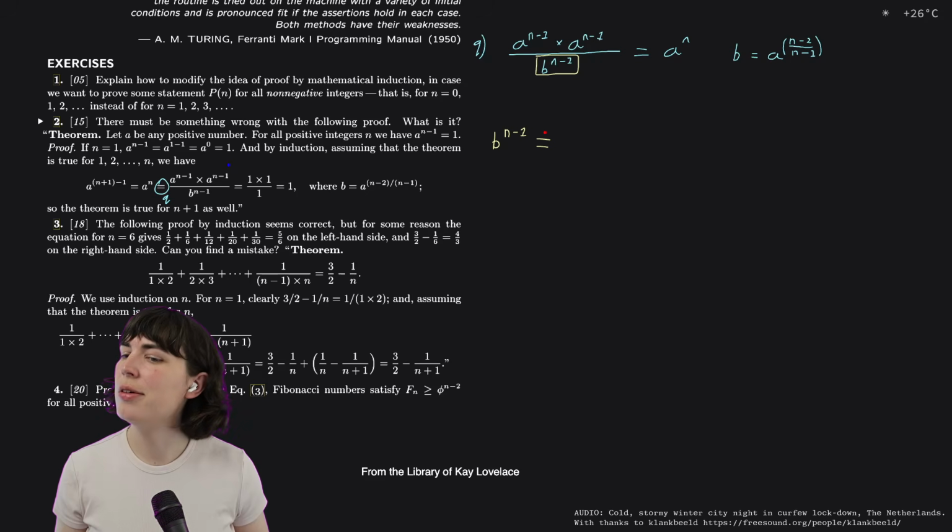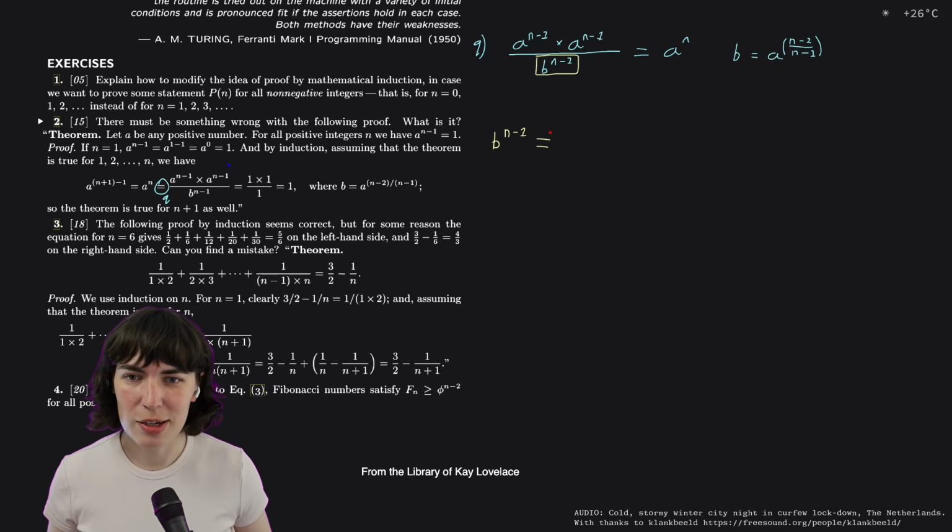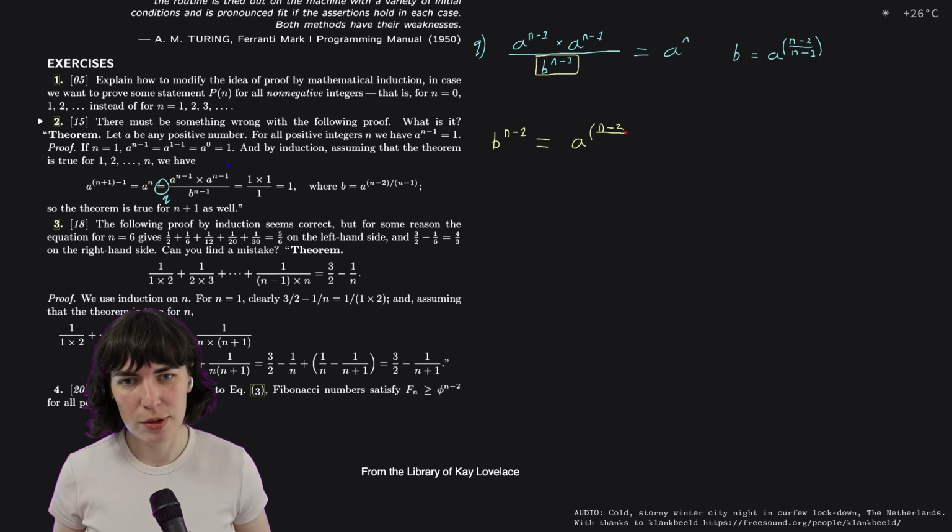Anyway, this b^(n-1) actually is, and I think this is part of what makes it slightly trickier to spot, because otherwise it would simplify out easily, a to the power n minus 2 over n minus 1, and all of this to the power n minus 1.